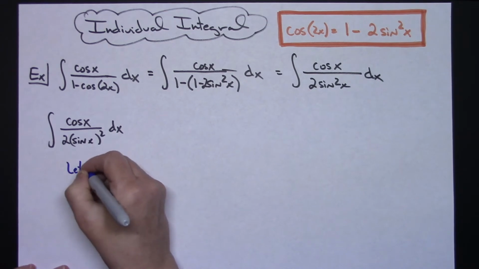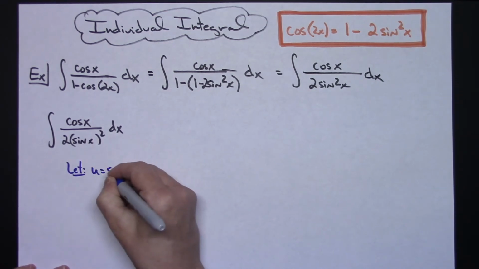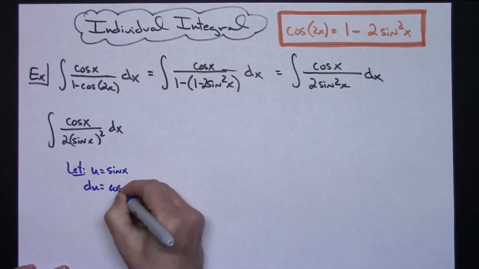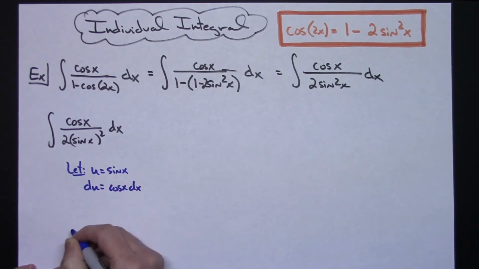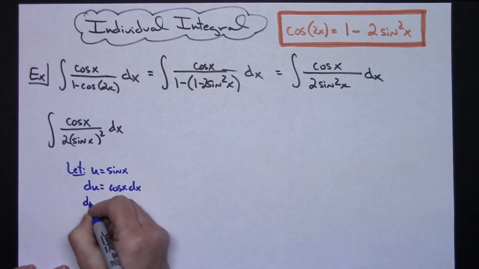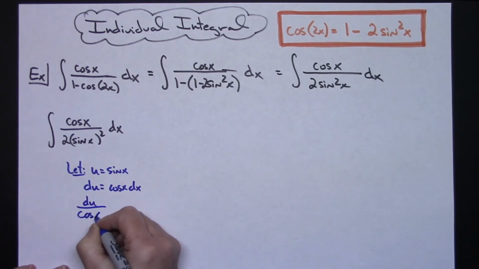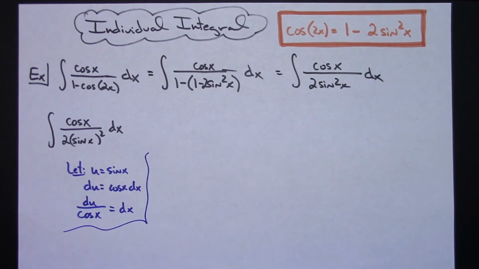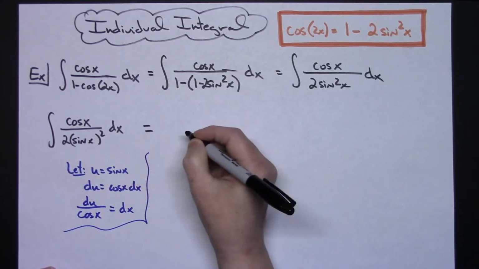So we're going to let u equal sine x. That means du is going to be cosine x dx, and solving for dx, we'd have du over cosine x equaling our dx. From there we will do some substituting.